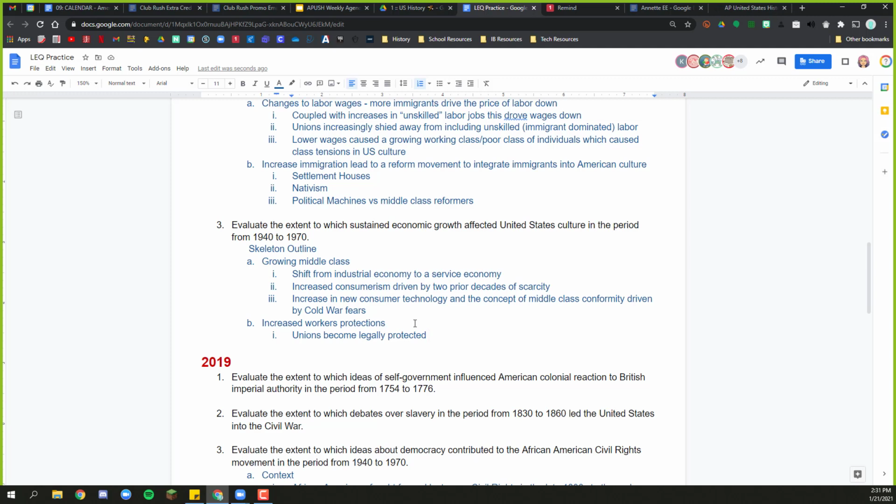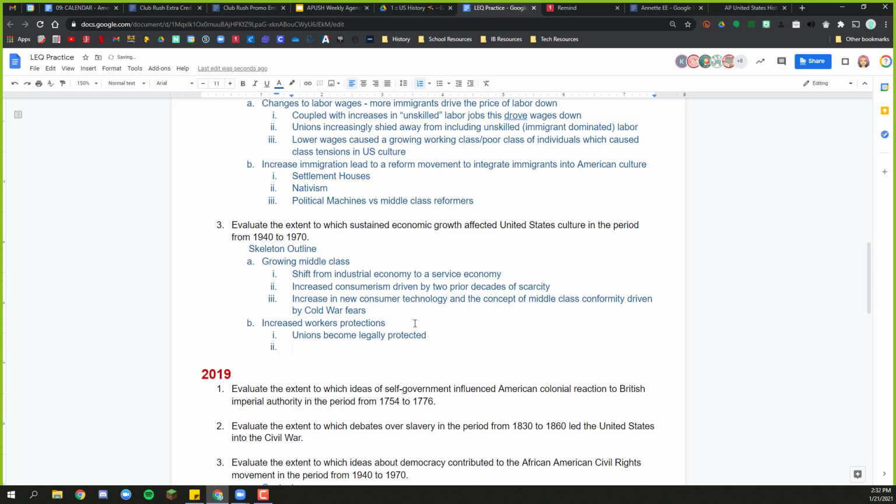You can just describe it. So I would talk about unions becoming more legally protected during this time period, and how collective bargaining was also legally protected.